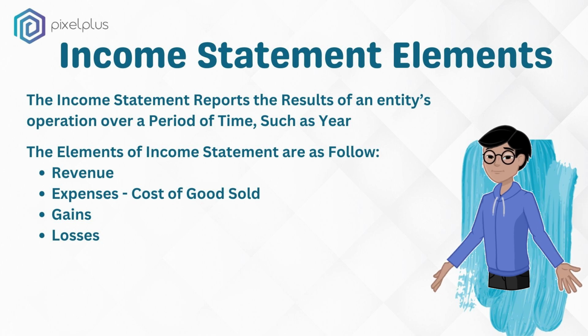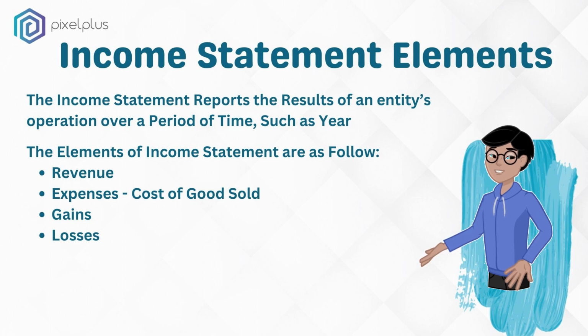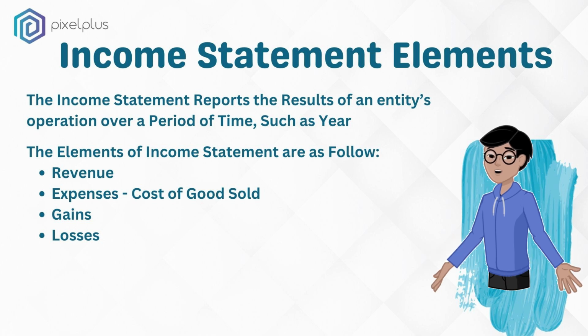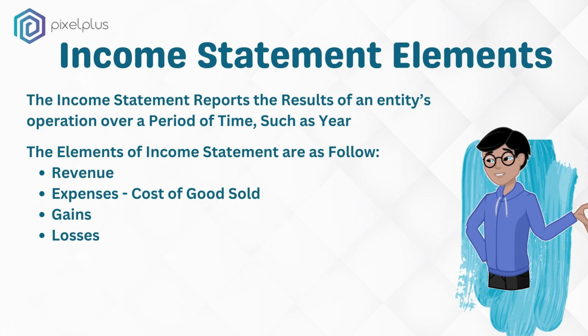Investors and analysts use the income statement to make informed decisions about investing in the company. Lenders use it to evaluate the company's ability to generate profit so that they can repay the loans. And management uses the income statement to strategize, set goals, and measure performance against those goals.